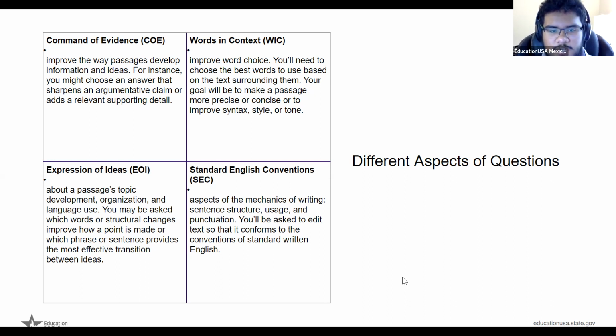And the last aspect that you should be focusing on with these kinds of questions is standard English conventions, which focuses on the aspects of the mechanics of writing, sentence structure, usage, and punctuation. You'll be asked to edit the text so that it conforms to the conventions of standard written English.